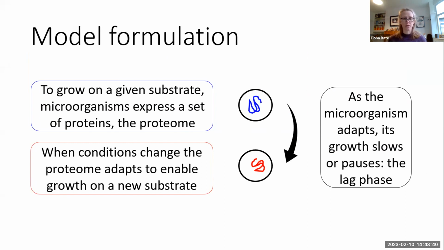So to grow on a substrate, it expresses a set of proteins, which is called the proteome. When the conditions change, the proteome needs to adapt. You need a new set of proteins to enable growth on a new substrate. And while the microorganism is adapting, its growth slows or even pauses, and this is called the lag phase.